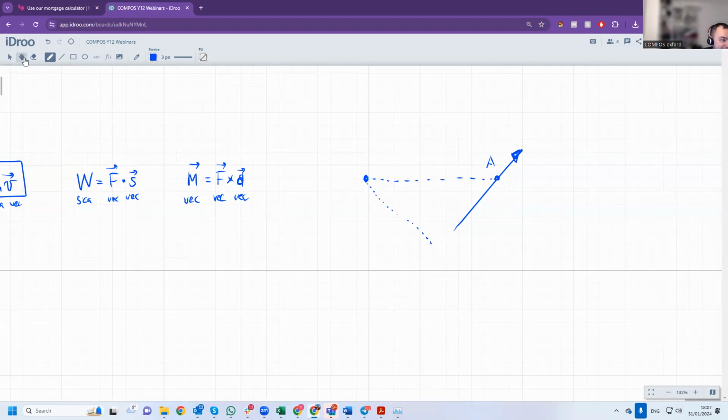No, it's more complicated than that. Moments is a tricky topic if you do it in terms of vectors. That's why they don't teach you vectors in moments.